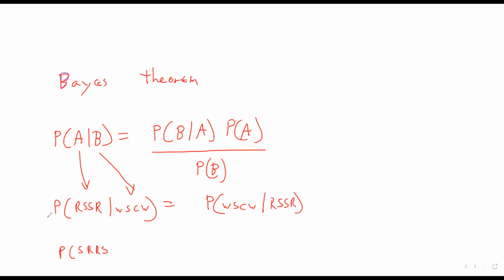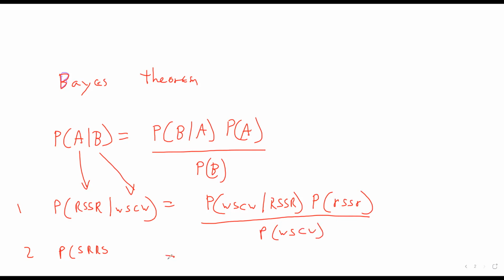And we're going to repeat this for every single combination and then pick the highest probability. So P(B|A) is this one. P(A) now is going to be the probability of A, which is rainy, sunny, sunny, rainy. And then we divide this by the probability of B, which is walk, shop, clean, walk.